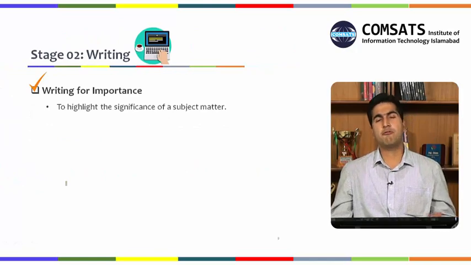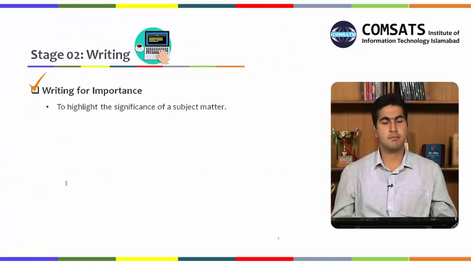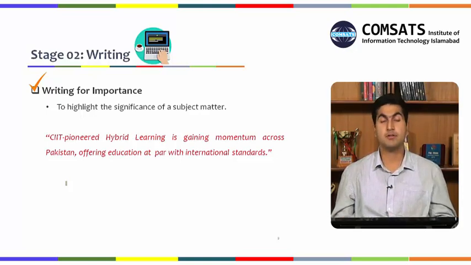You talk about writing for importance. You have to highlight the significance of your subject matter, and for this purpose have a look at this example. CIIT pioneered hybrid learning is gaining momentum across Pakistan, offering education at par with international standards, which you are experiencing as well.